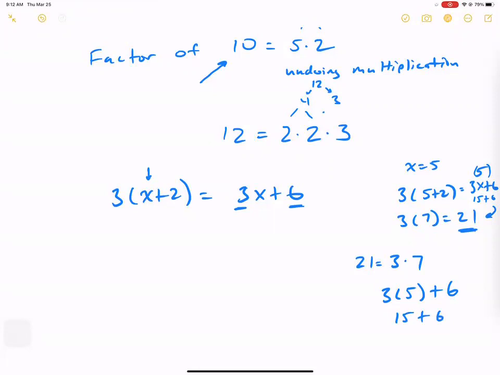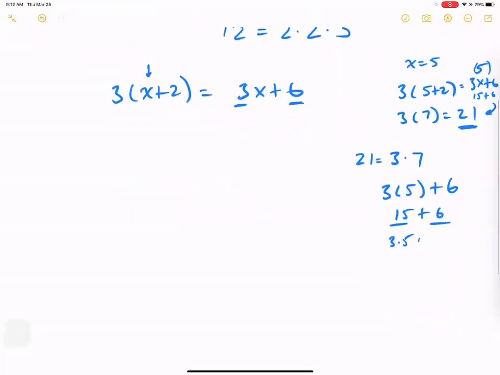So I want us to look at this value here. What numbers do 15 and 6 have in common? What I mean is, what number can I divide into both 15 and 6? What numbers do they share? Well, isn't 15 3 times 5? And isn't 6 3 times 2?